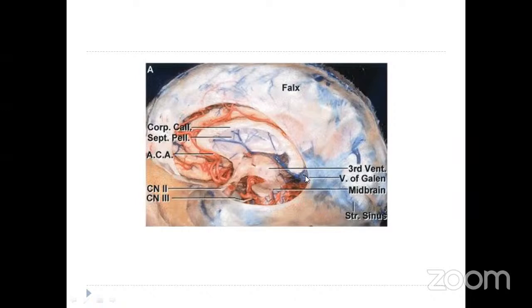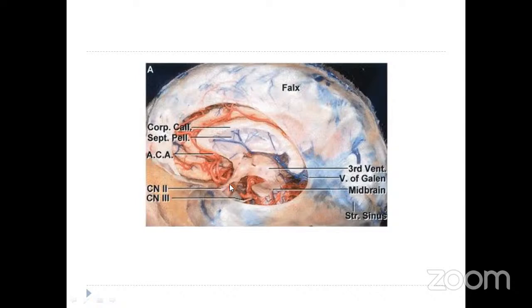The vein of Galen and the central vein join to form the internal cerebral veins. Anteriorly, it has a relationship with the anterior circulation.